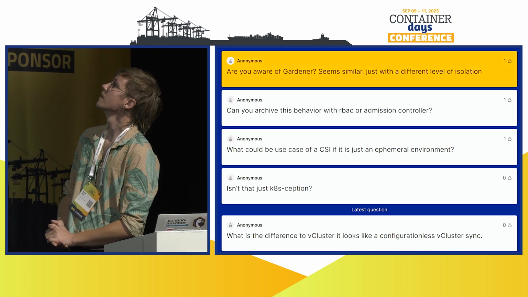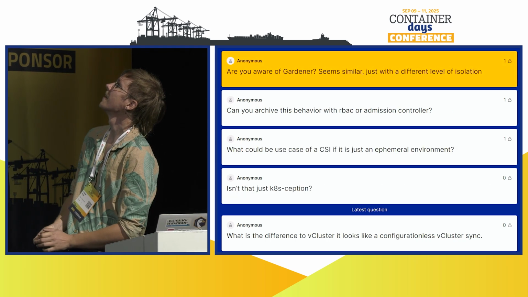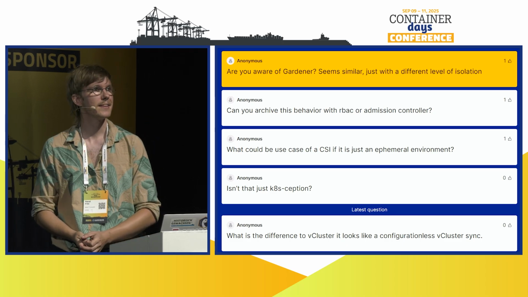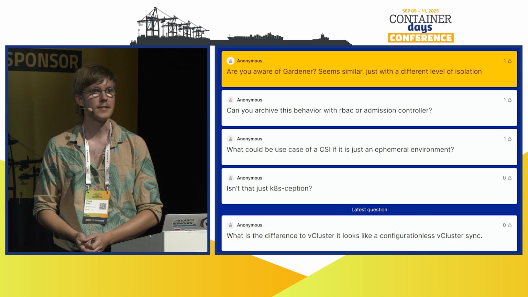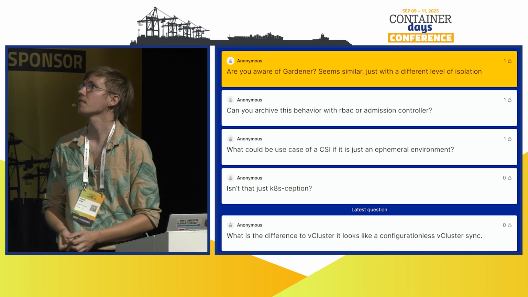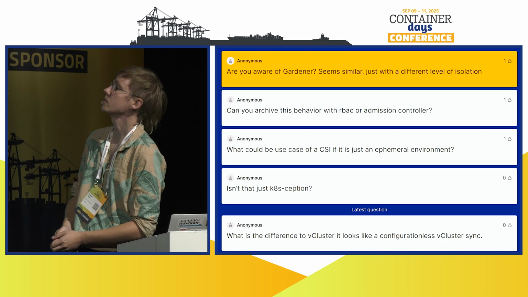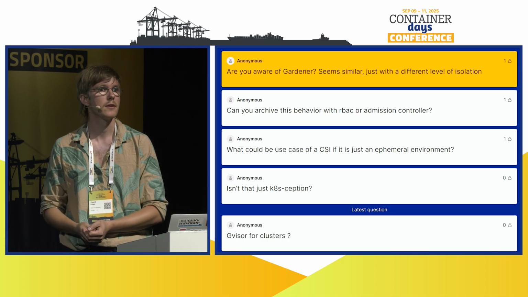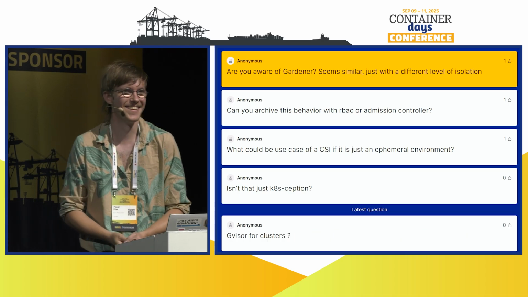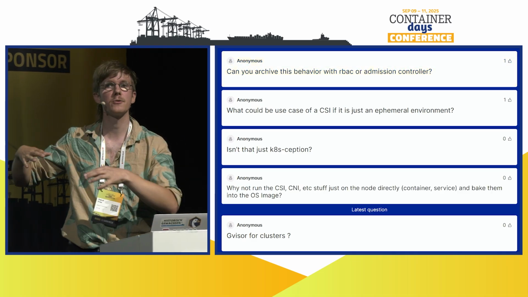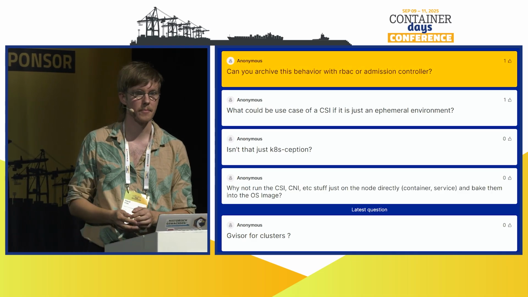Let's go with this one. Are you aware of Gartner? Seems similar, just with a different level of isolation. Yes, I am, and I think the question sums it up quite nicely. It's a different level of isolation. There's a ton of approaches in this direction, I got to be honest.